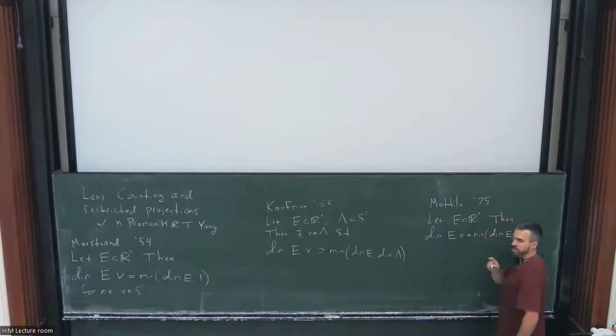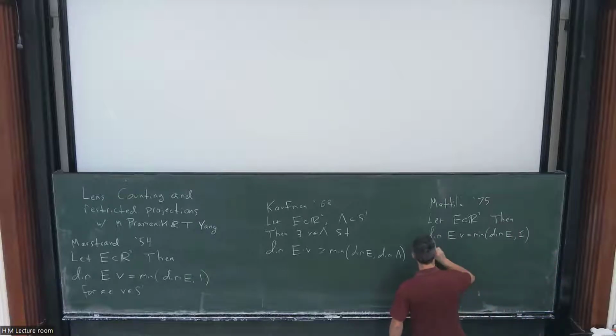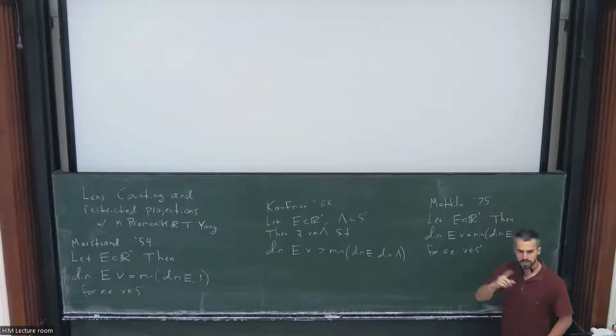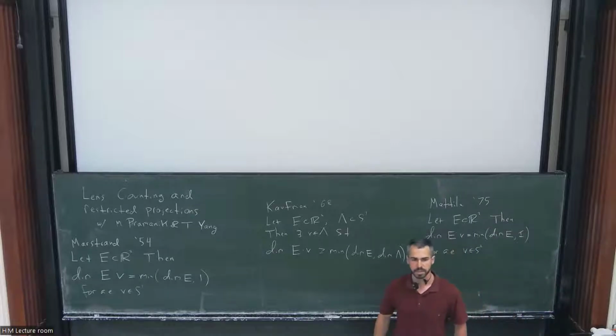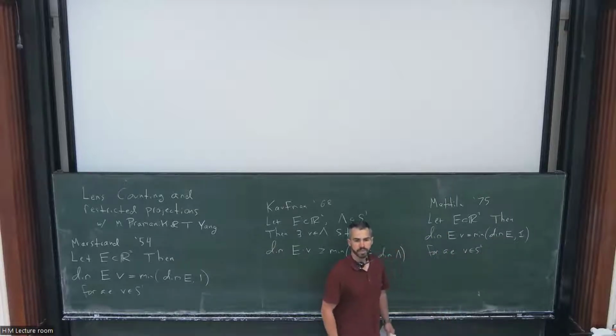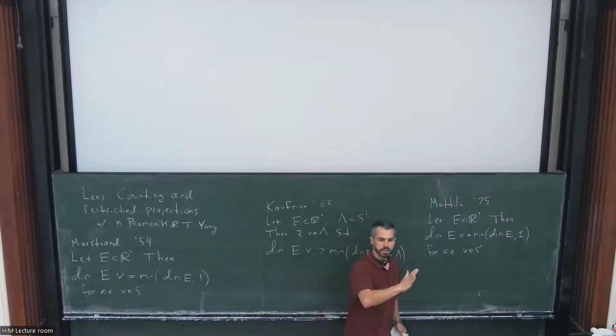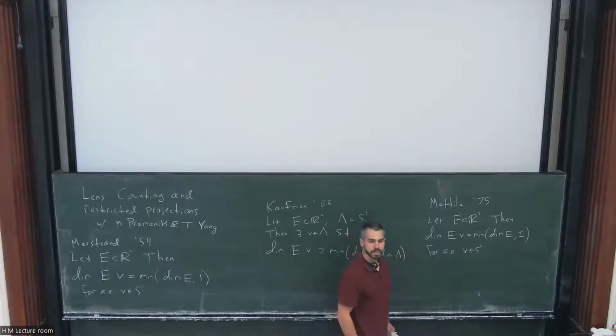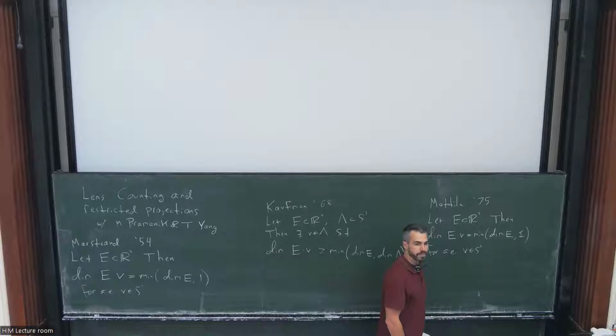So I'm looking at projections onto one-dimensional subspaces, and I'm parameterizing the one-dimensional subspaces of R3 by points on the unit sphere S2. And in general, if the dimension of E is not bigger than 1, then this is going to preserve dimension. Again, this is just a special case. Mattila proved in general, you can look at projections onto k-dimensional subspaces in Rn, et cetera. But I'm not going to pursue that particular generalization.